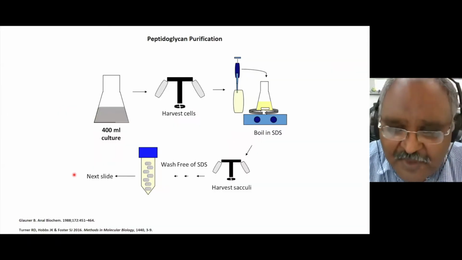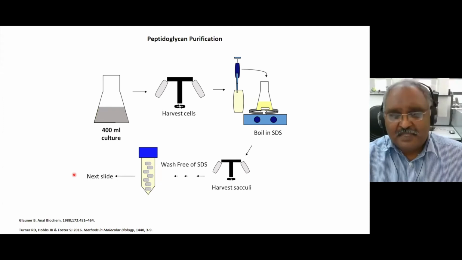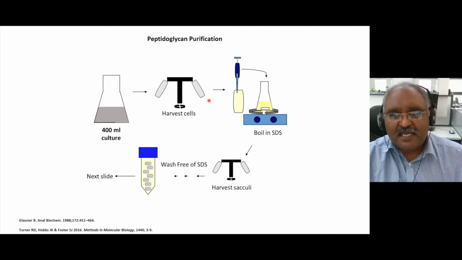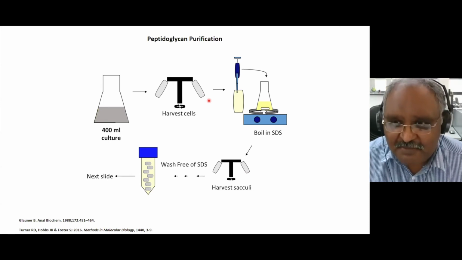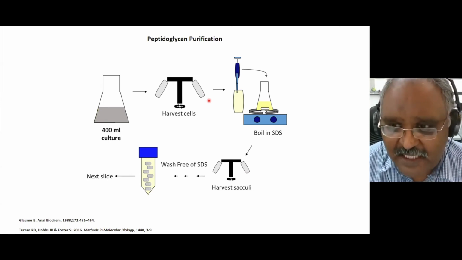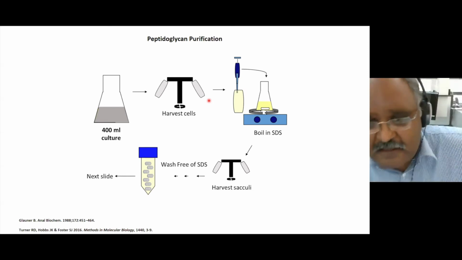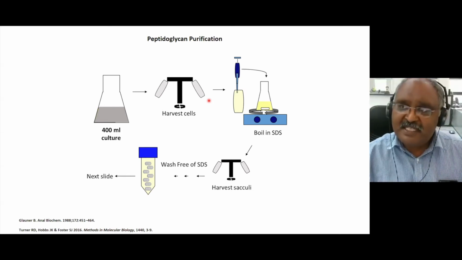The peptidoglycan purification step is quite simple. We just collect cells grown in media, harvest them by centrifugation, and then boil them in SDS to inactivate the autolysins and also to solubilize all cellular components other than the peptidoglycan. Once they are boiled, the peptidoglycan is washed free of SDS.